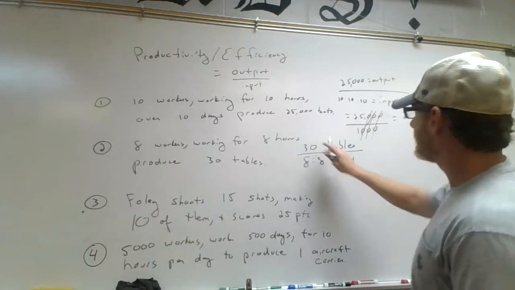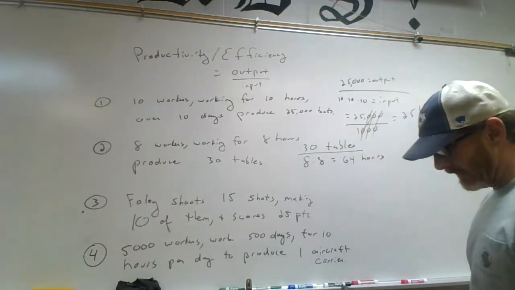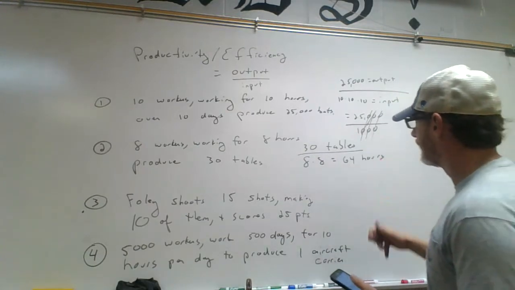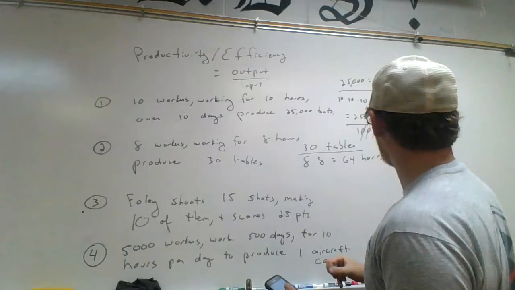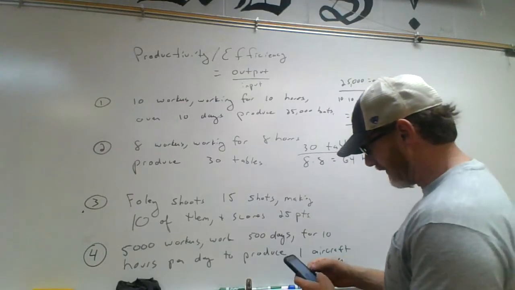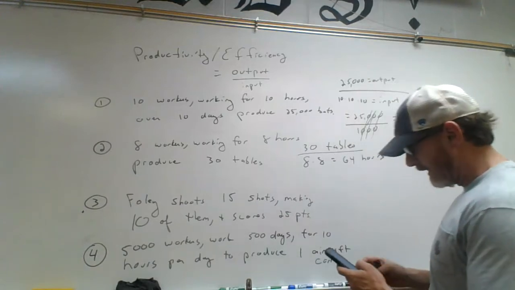So it's 30 tables over 64 hours, okay? And then you can take that down and it'd be 15 over 32. So whatever 15 over 32 is, 30 divided by 64.